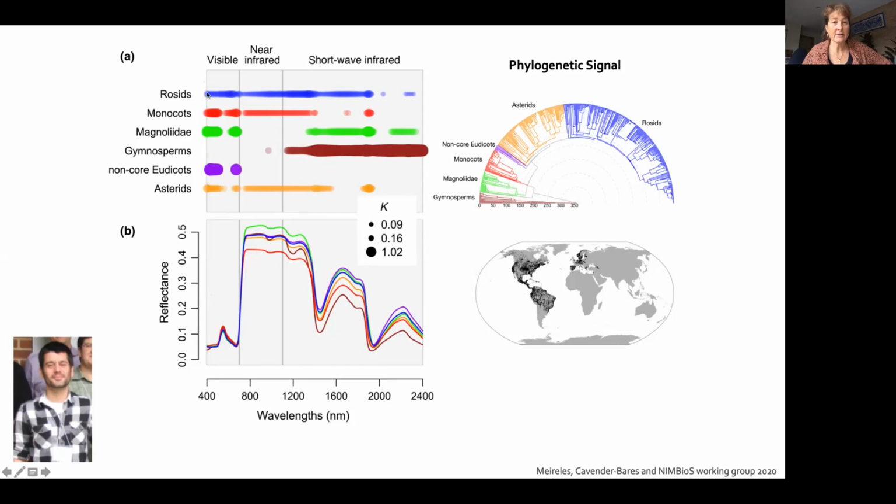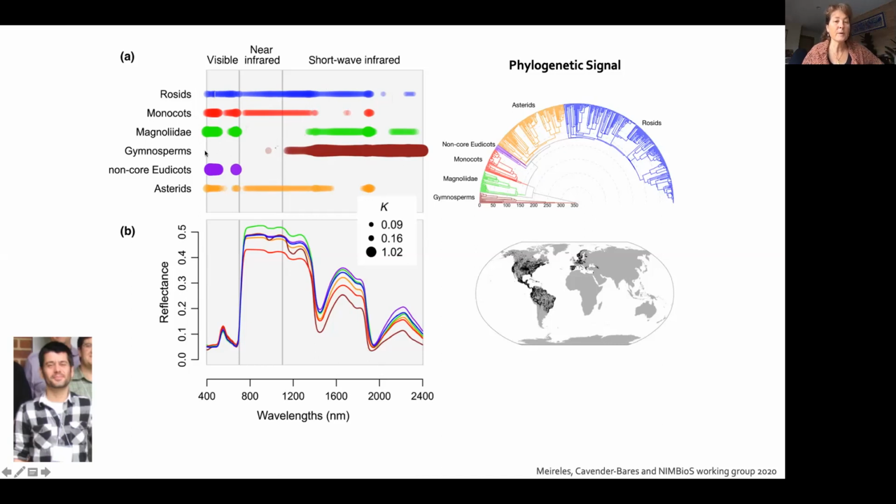And so you can see the rosids have high conservatism in spectra all the way across the spectrum, except for certain parts of the shortwave infrared. The monocots are similar, but there's more lability in parts of the shortwave infrared. The Magnolidae have other places that show high lability or not conserved.